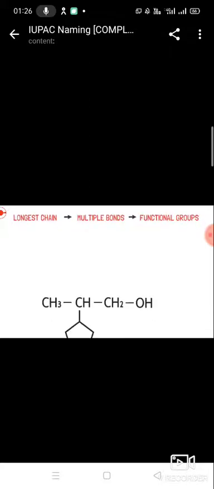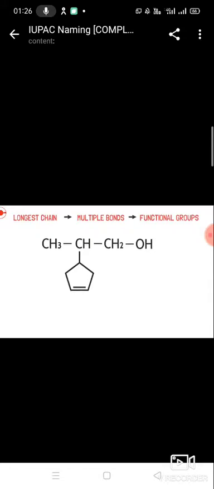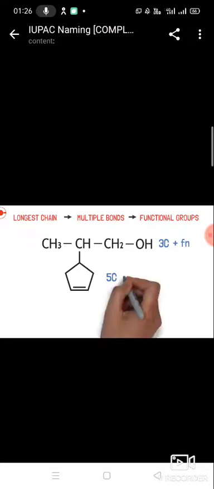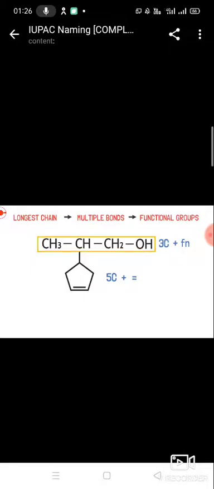So longest chain, next multiple bond or functional group. If a multiple bond is present, we can start by tomorrow. We have to practice all those compounds. Here 5 carbon atoms are present, a double bond is present and OH is present. OH is a functional group.